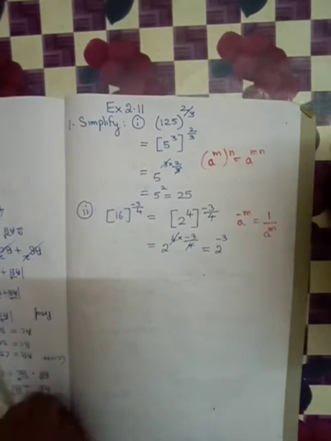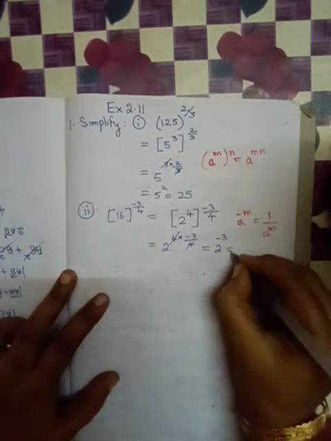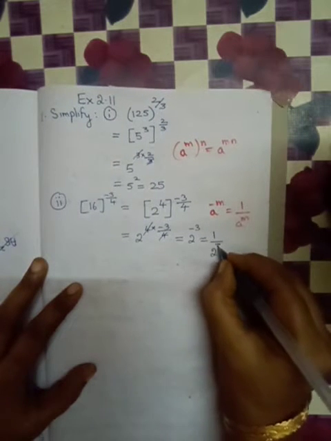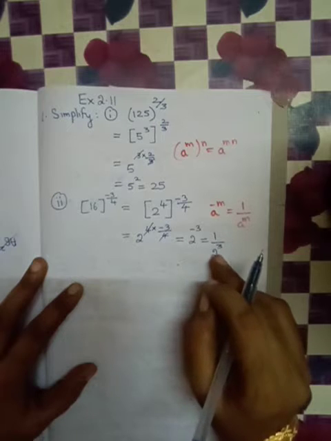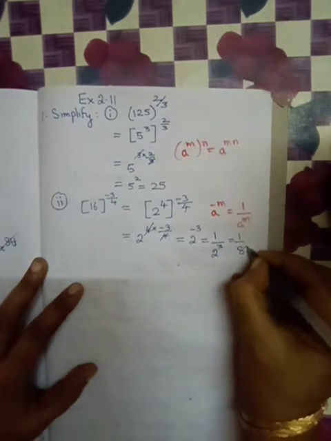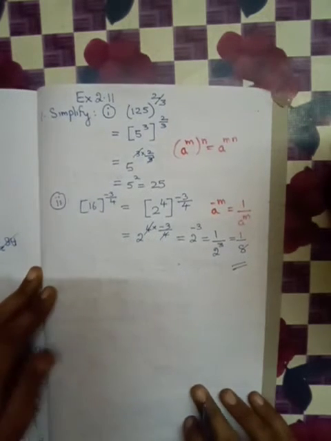If you have a negative power, I can bring it to the denominator. So this I can write it as 1 by 2 to the power 3. To avoid the negative sign, let me bring that down. So 1 by 2 cube means I'll have the answer 1 by 8. So this is the answer for the second subdivision.